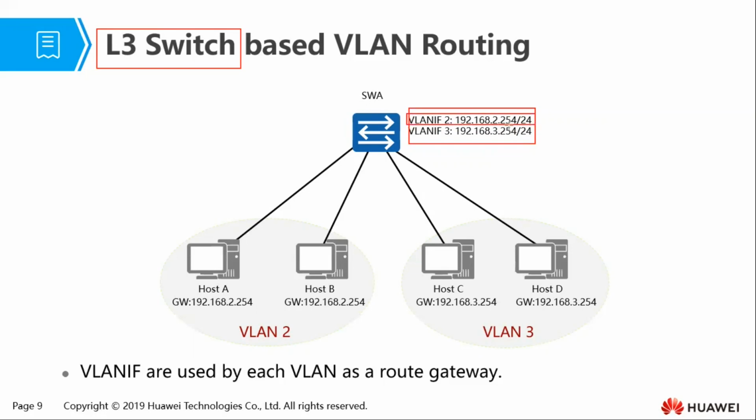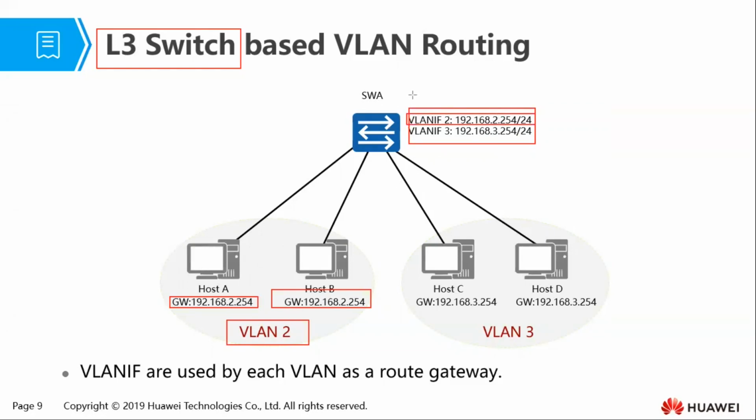And that IP address is what will be used by the hosts as the gateway. So for VLAN 2, we've created a VLAN if 2 with an IP address of 192.168.2.254/24. So these particular devices will use that as the gateway.